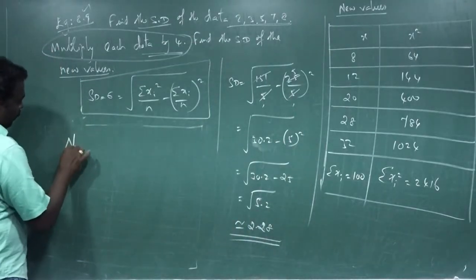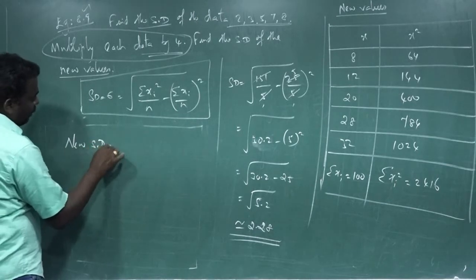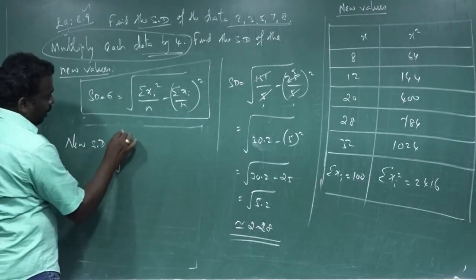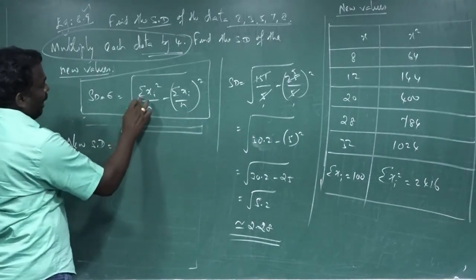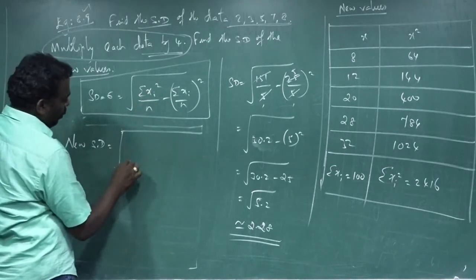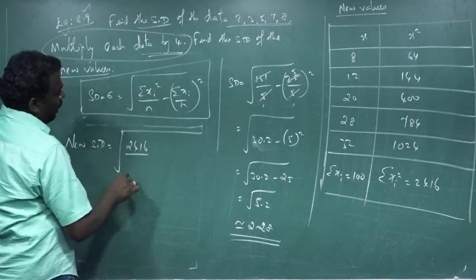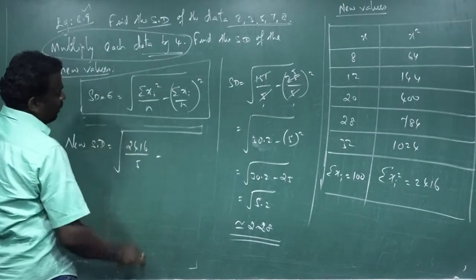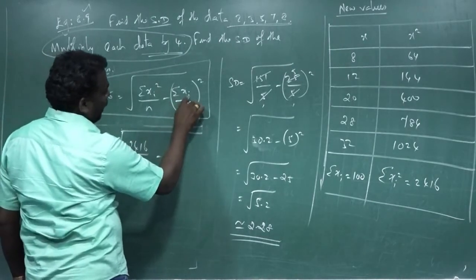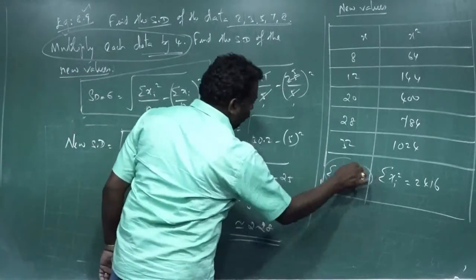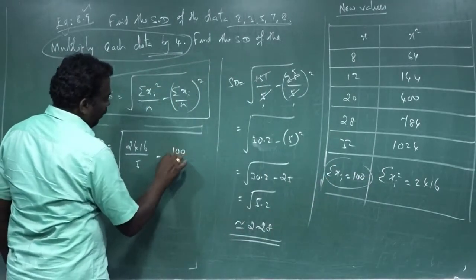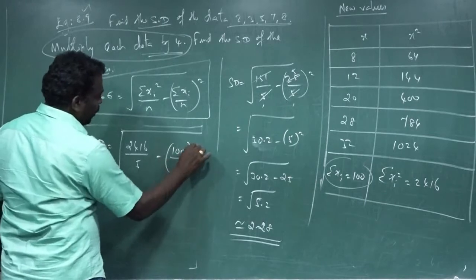Therefore the new standard deviation is equal to the square root of summation xi square, 2416, by number of terms, 5, minus summation xi, 100 by n value equal to 5, whole square.